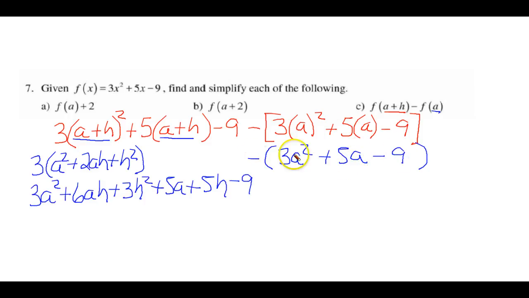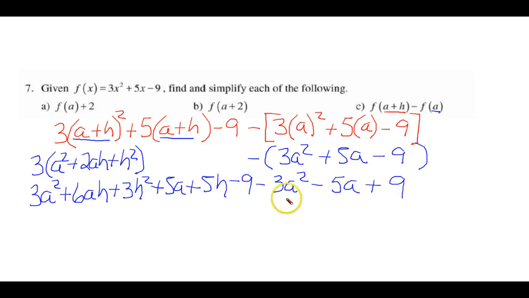Now I'm going to change each of these signs. This becomes a negative 3a squared. This becomes a negative 5a. And this becomes a positive 9.